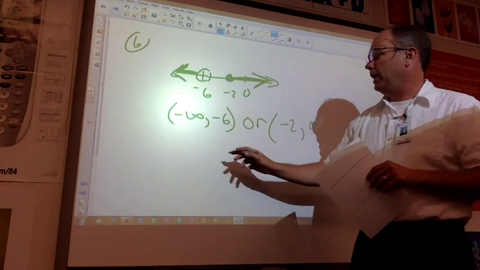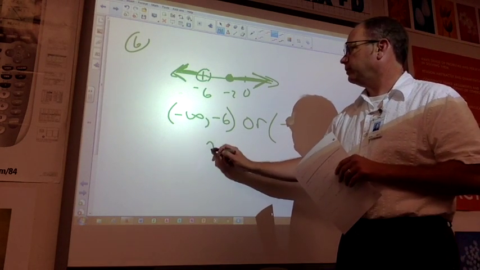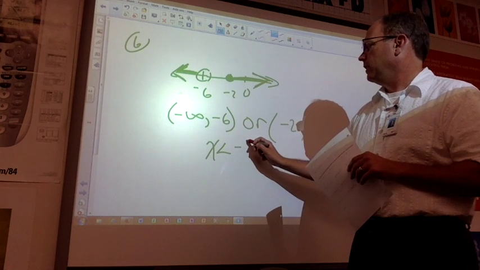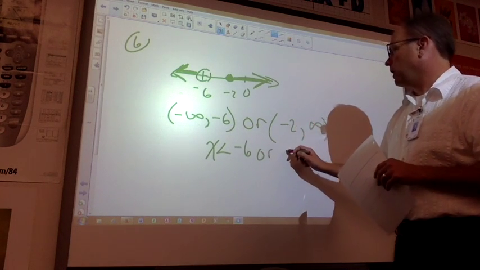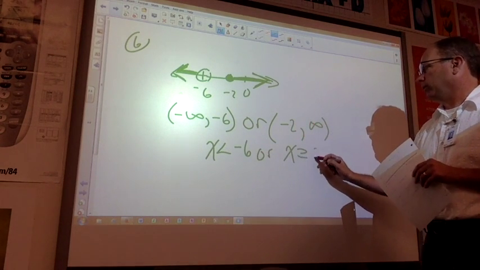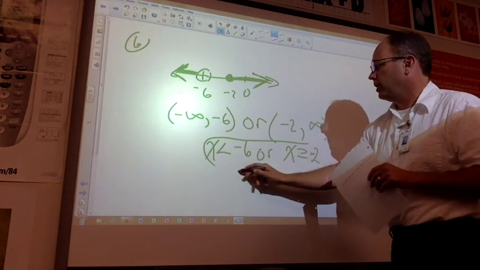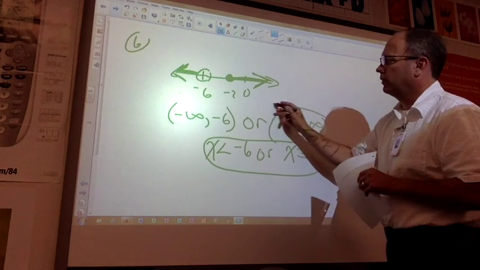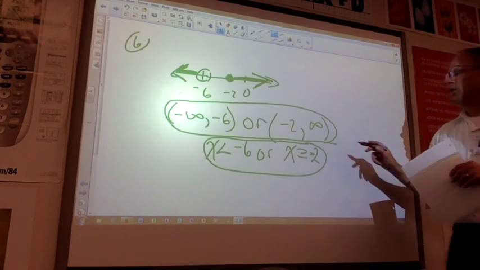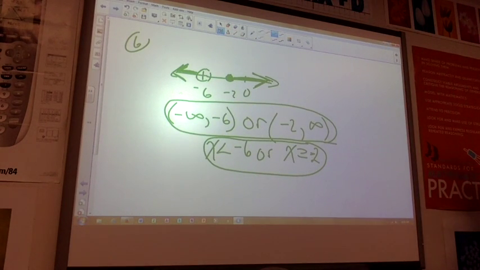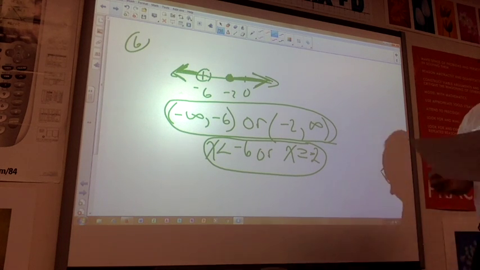If you wanted to write it, you would have x is less than -6 or x is greater than or equal to -2, excuse me. So this is writing the inequality out. This is the interval notation. Okay, solve the inequality, give the interval. So, can we move on?